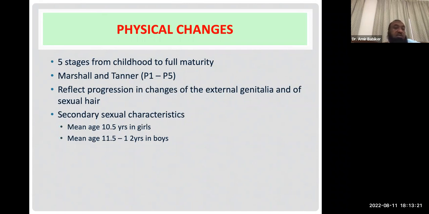And the secondary is by the adrenal gland. That's why all the secondary sexual characteristics you see in boys and girls are from the adrenal glands, starting from the mood changes and the sweating, the body odor, and the hair in the axilla, in the pubic area, and the acne, and some contribution to the height as well.